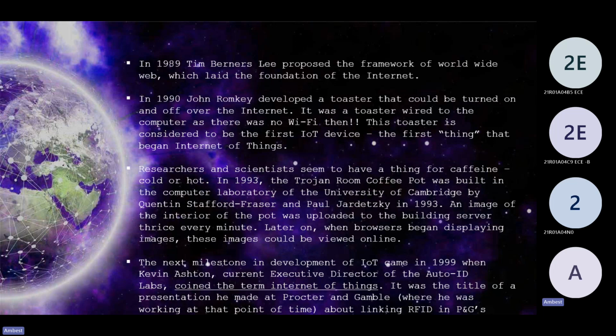As soon as the researchers and scientists were thinking about whether the coffee was hot or not, they got the idea to check it remotely.